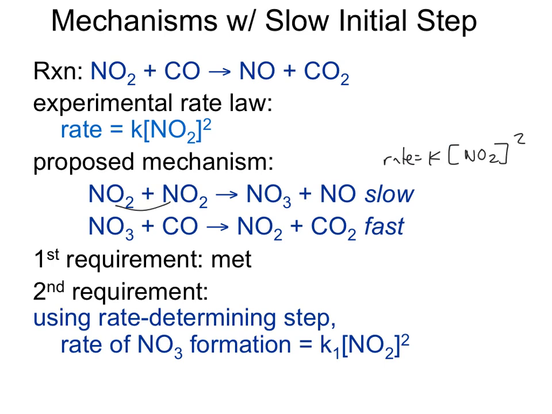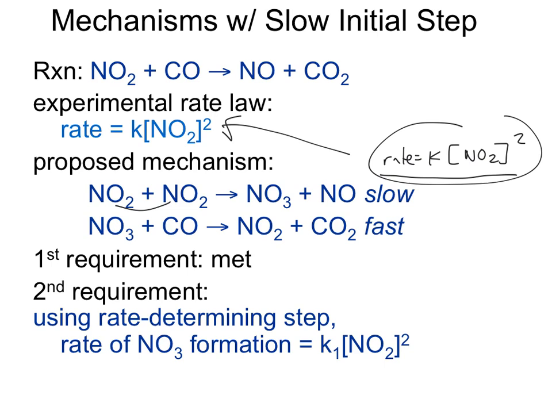Remember, it's a bimolecular reaction. The number of molecules determines the molecularity and subsequently determines the order of the rate law for that step. Now that we've written the rate of this slow step, we can compare it to the experimental rate law. In this case, it matches. So this mechanism is considered a plausible mechanism.